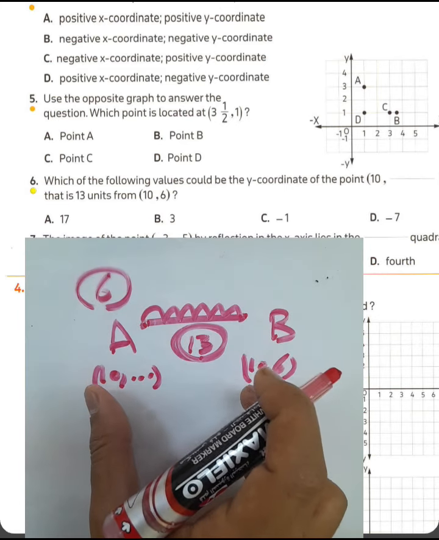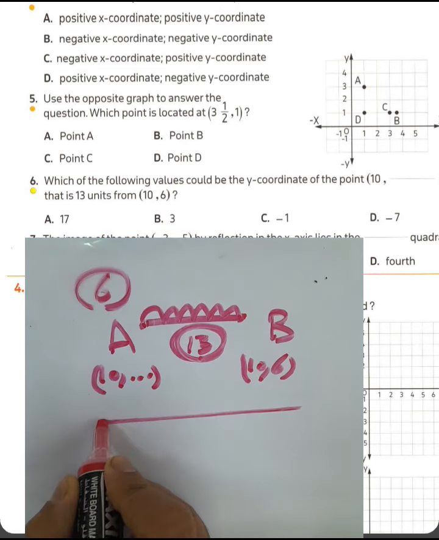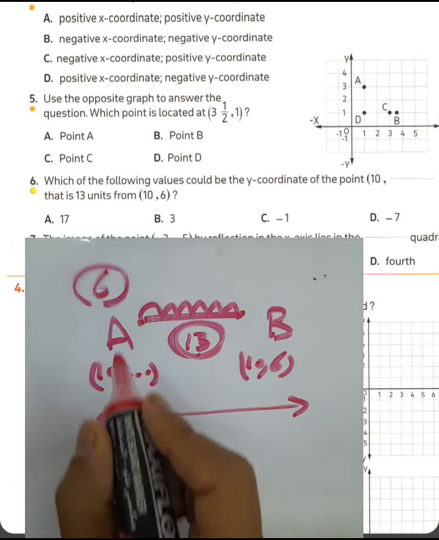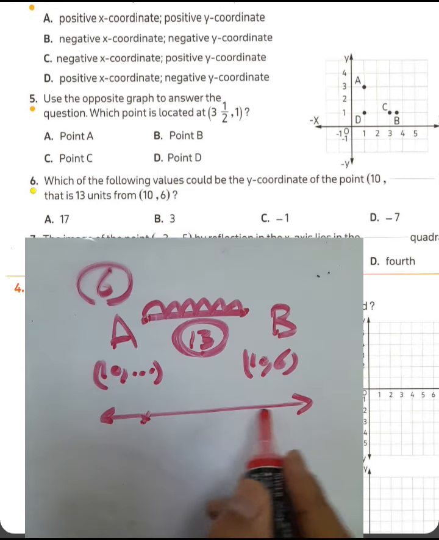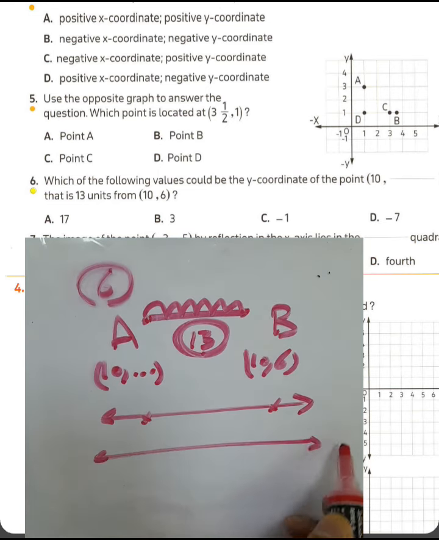If we have similar x-coordinates, then the line passing through points A and B will be parallel to the y-axis. Then the distance between them is 13.